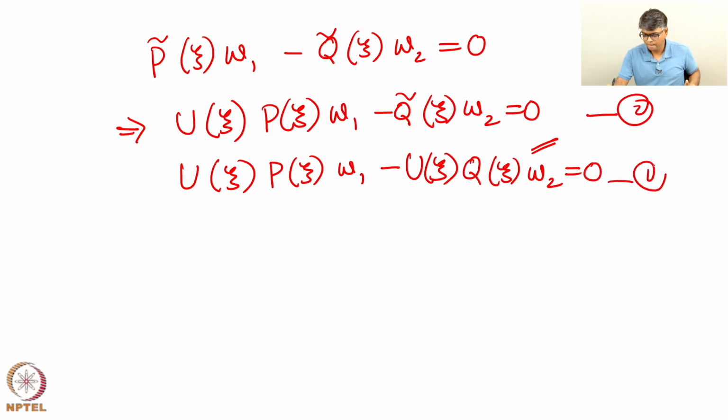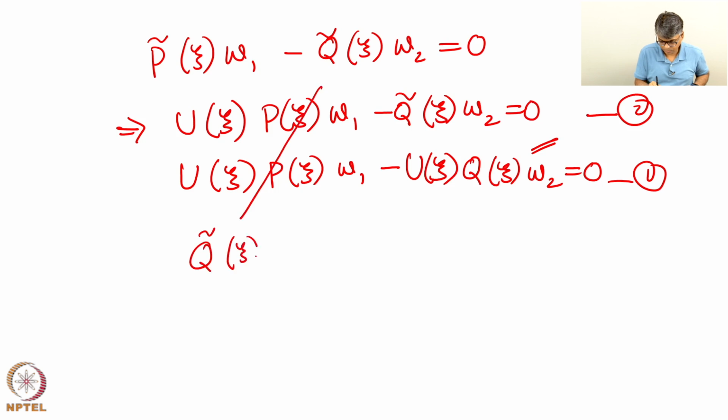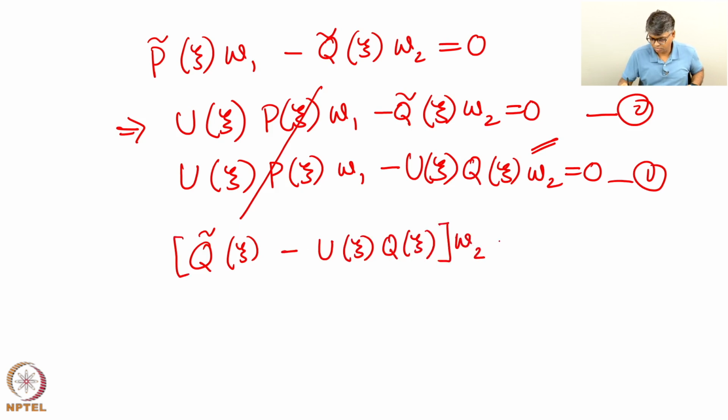That's equation number 1, and I subtract 2 from 1. When I subtract 2 from 1, the P term obviously goes away. What I'm left with is the following: (Q tilde(ψ) minus U(ψ) Q(ψ)) acting on W2 produces 0 for every trajectory in the behavior B. But now notice, we go back.